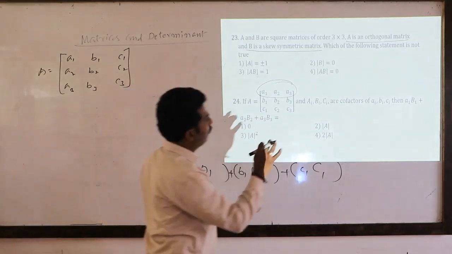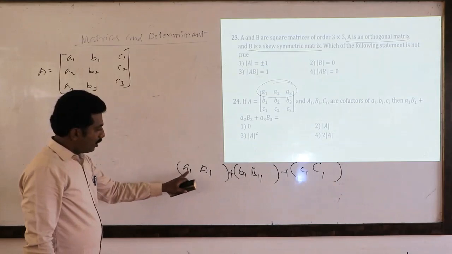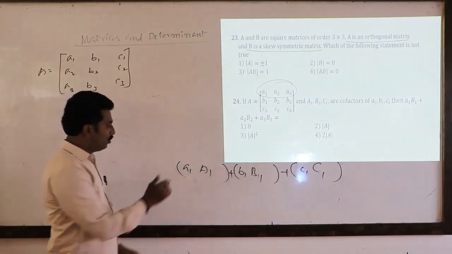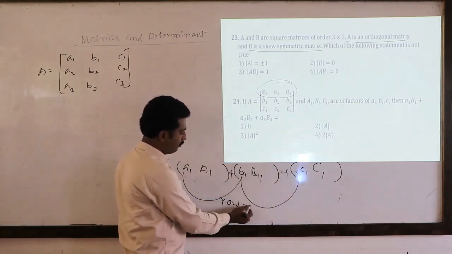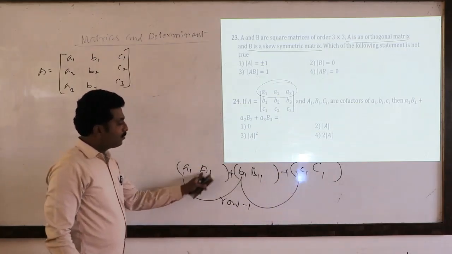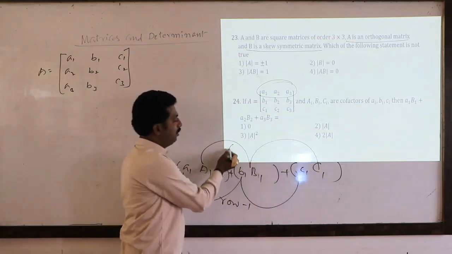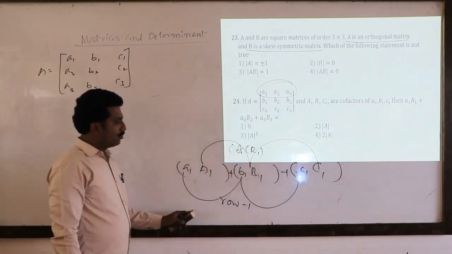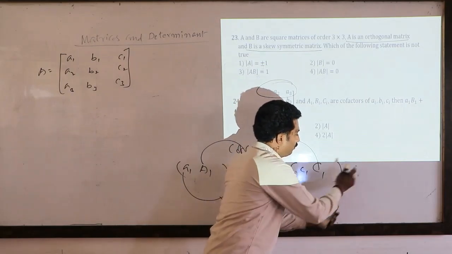So the sum of the products of the elements of row 1 with the corresponding cofactors is always the determinant of A.